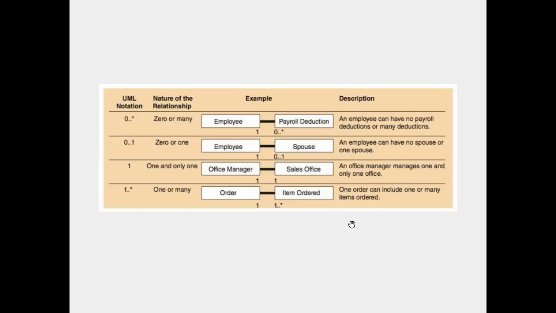So let's look at some symbols. We have UML notation, and there are slight changes. Usually you have minimum and maximum multiplicity. In UML notation, the star mark means any.